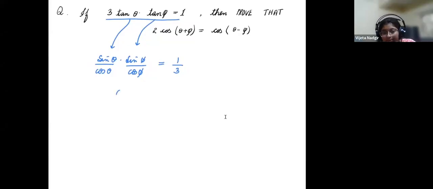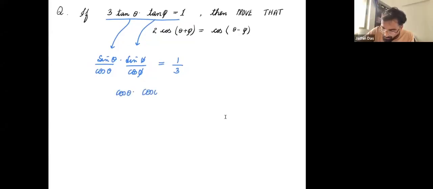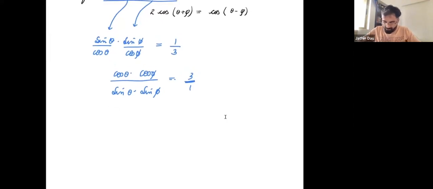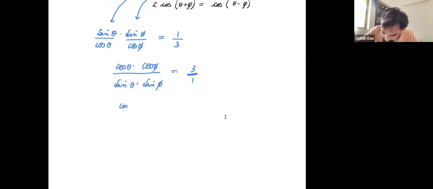Okay. So I reciprocal it: cos theta by sin theta into sin phi is equal to 3 by 1. Now can I apply C and D? Yes. It will be cos theta into cos phi plus sin theta into sin phi, over cos theta cos phi minus sin theta sin phi.